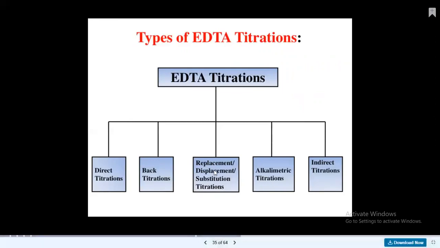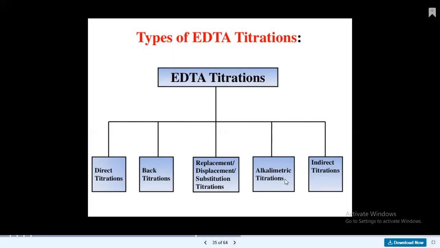Replacement or displacement titration is performed when a suitable indicator is not available. That is also a type of back titration. We perform this type of titration when a suitable indicator is not available.